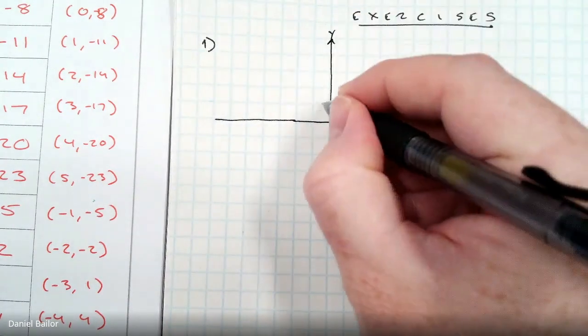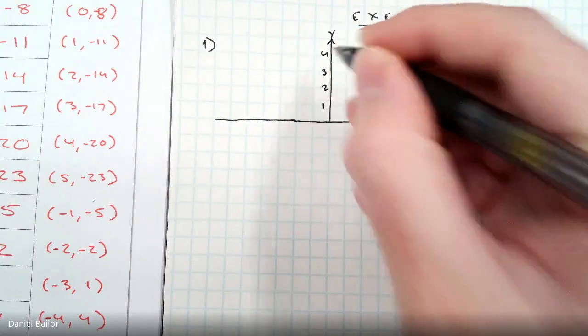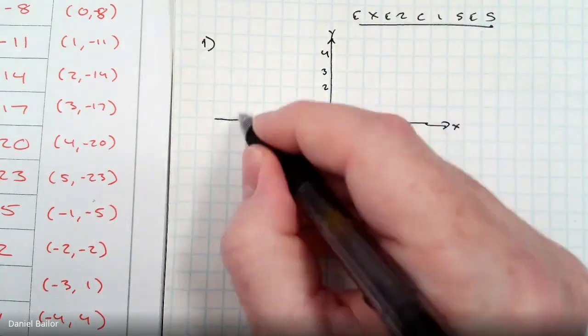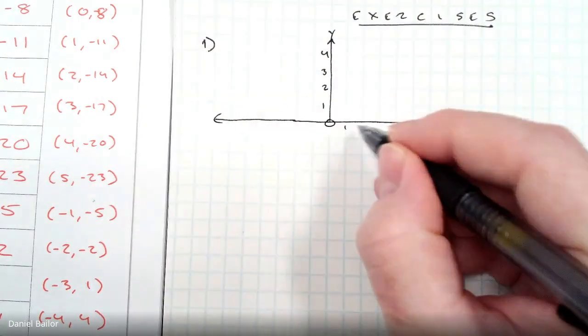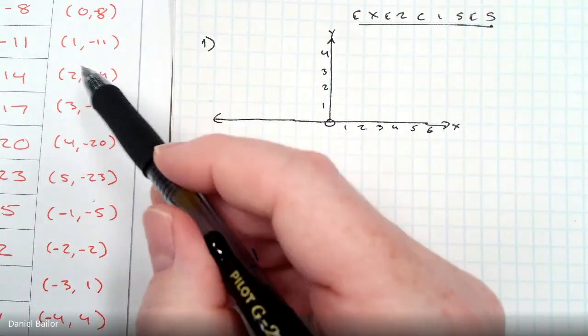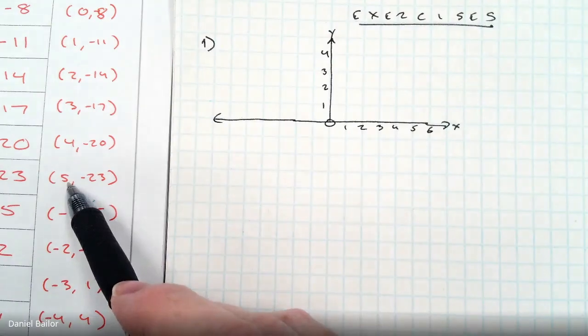Now my y is 1, 2, 3, 4, which will work because my biggest y is a 4, so it will be on the chart. My x's, here's the 0, so I have 1, 2, 3, 4, 5, 6 on the x's, which works because my biggest x is 5.